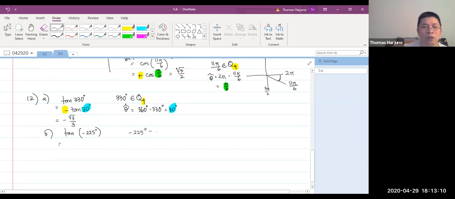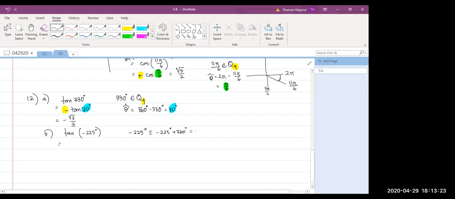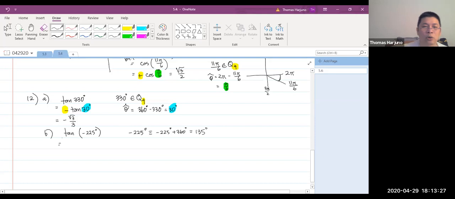That's coterminal with negative 225 plus 360 degrees. That equals 135 degrees. So tangent of negative 225 is coterminal to tangent 135.